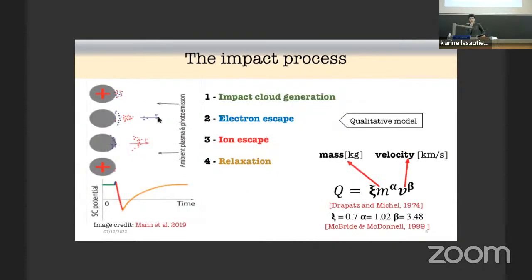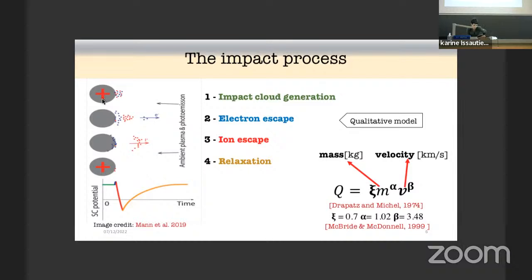Here is a small sketch of what is happening with the charge around the spacecraft. Assuming we have a positively charged spacecraft, at the beginning it will be in an equilibrium state with some equilibrium potential, this green line. At the moment when the impact occurs, an impact cloud is generated, and in that cloud we have free electrons and free ions.